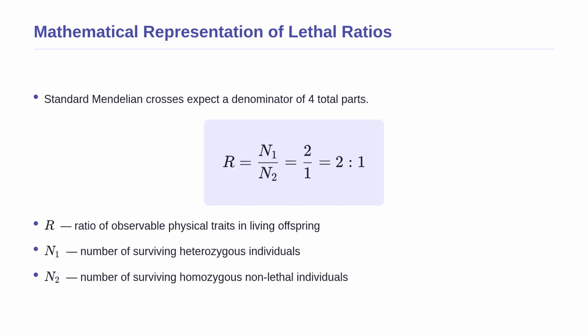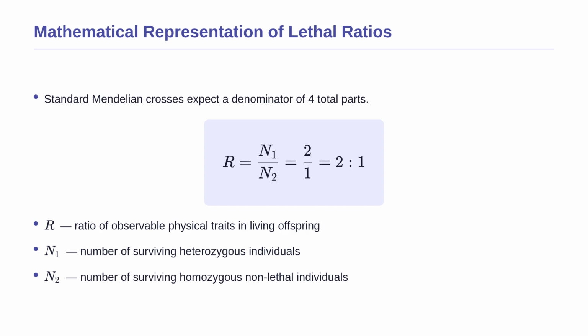This brings us to how lethal alleles alter standard genetic mathematics. In standard Mendelian genetics, crossing 2 heterozygous parents gives a distribution of 4 total parts. But when a homozygous genotype is lethal, those individuals are removed from the surviving population. The denominator of our probability calculations changes from 4 total parts to 3 total surviving parts. The formula shown calculates the ratio of survivors.